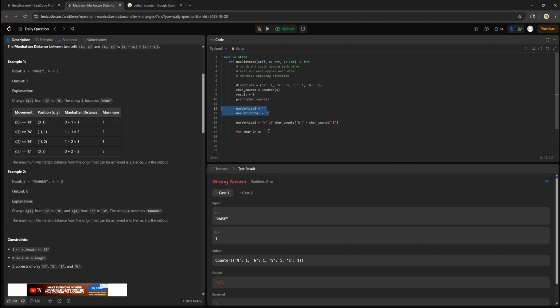I guess we don't even need to initialize, and then this is just the same with max horizontal.